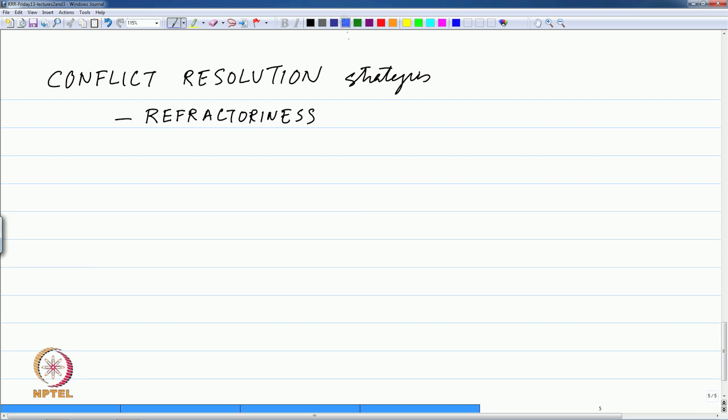This says that once selected, the pair is removed from the conflict set essentially.